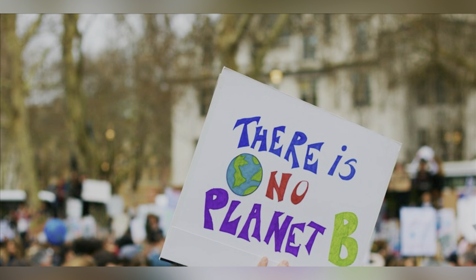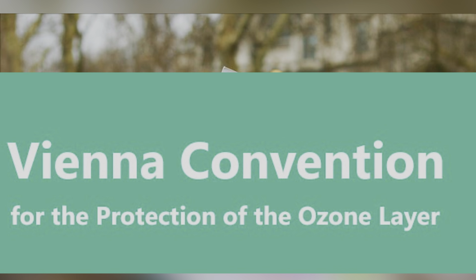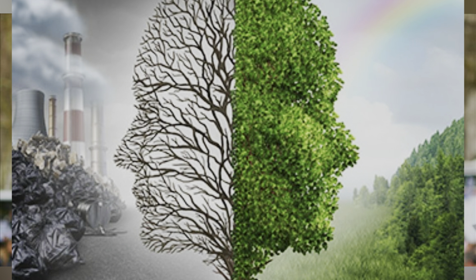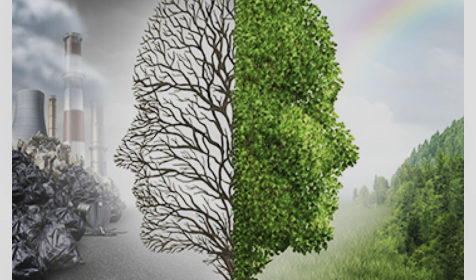So for the very fact that our ozone is being depleted at a faster rate, there have been efforts, and one of them is what we call the Vienna Convention, which was the first international agreement dedicated to the fact that the ozone layer had to be protected, and this was a priority. It commits all countries to take measures to protect human beings as well as the environment from anything that has to do with modifications of the ozone layer.